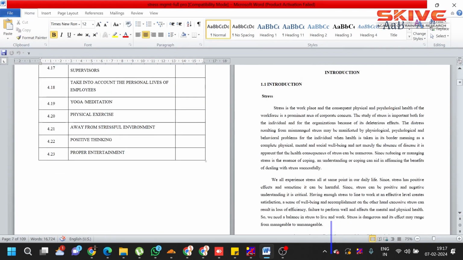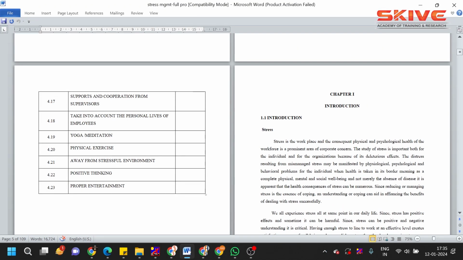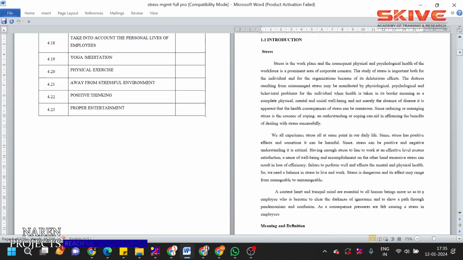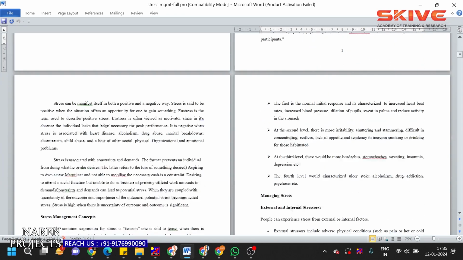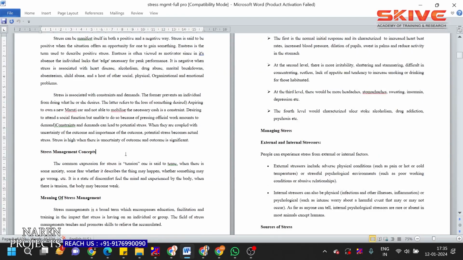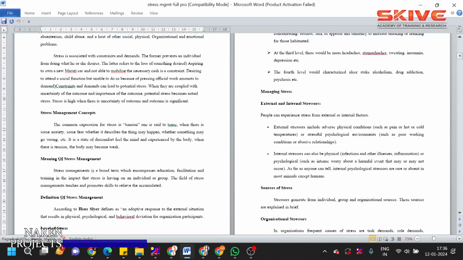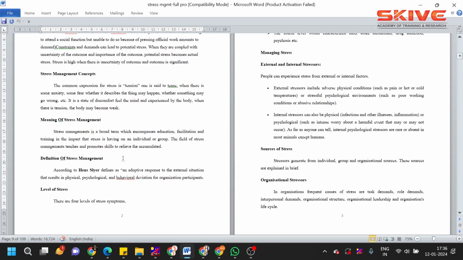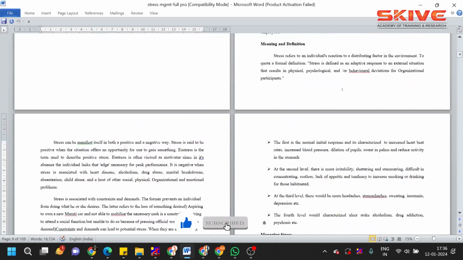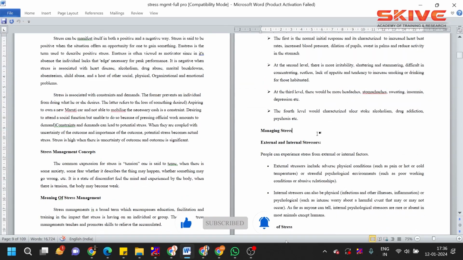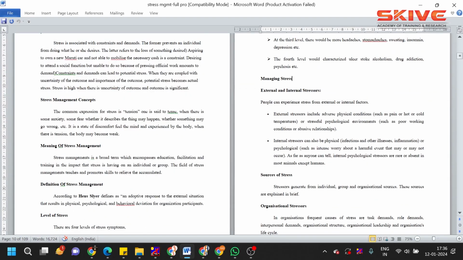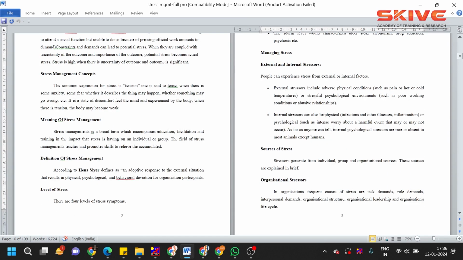Coming to chapter 1, as usual it starts with the introduction: meaning and definitions, stress management concepts, meaning of stress management, definition of stress management, level of stress, managing stress, external and internal stress, source of stress, organizational stress.